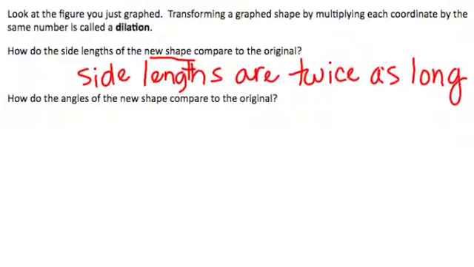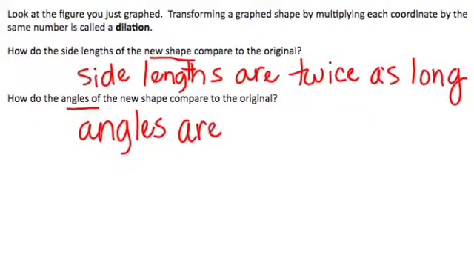The angles, however, are the same. They did not change. And remember, the word is corresponding angles. The corresponding angles are the same. The corresponding sides are twice as long in the new shape.